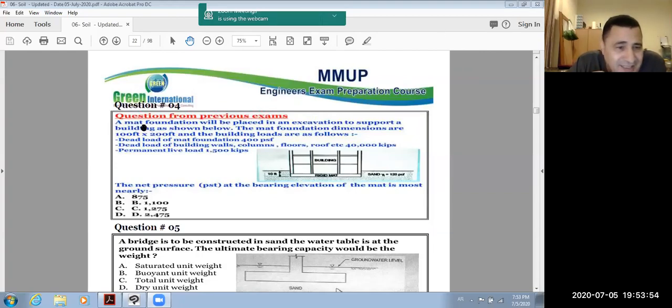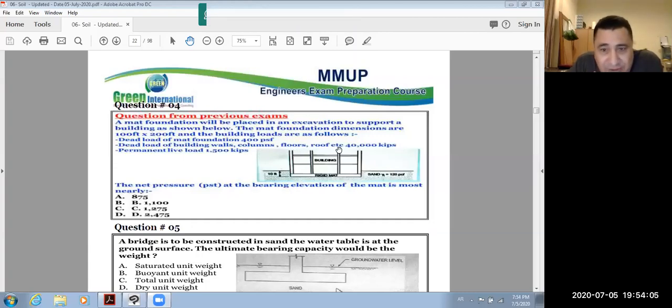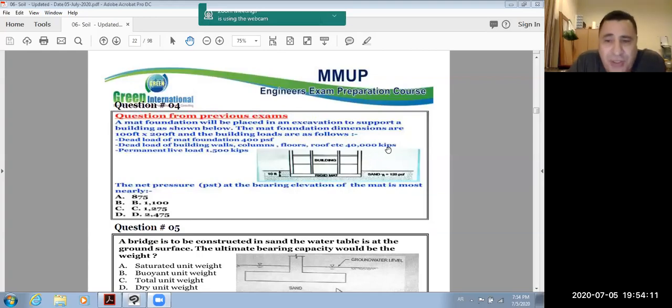The answer is load. The dead load of the building walls, columns, floors, roof, etc. is equal to 40,000 kips. Load or pressure? Load. Kips, kilo pounds. So 40,000 kips.